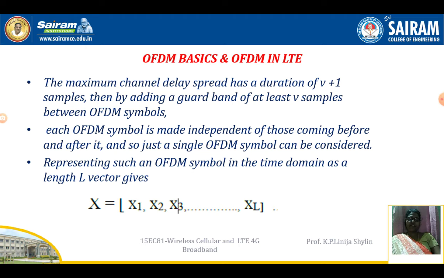This independency will be considered, and we can represent the OFDM symbol in the time domain with a length L vector as capital X equal to x1, x2, x3 up to xl, in vector form.